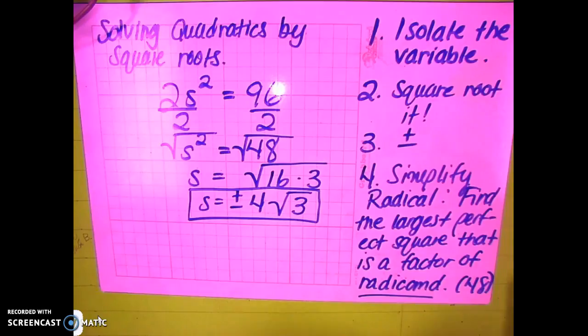Alright, the next part of this video is talking about the different types of solutions you can have with radical equations. Now, you can have 3 types of solutions. You can have 2 real solutions, you can have 2 imaginary solutions, and you can have 1 solution.